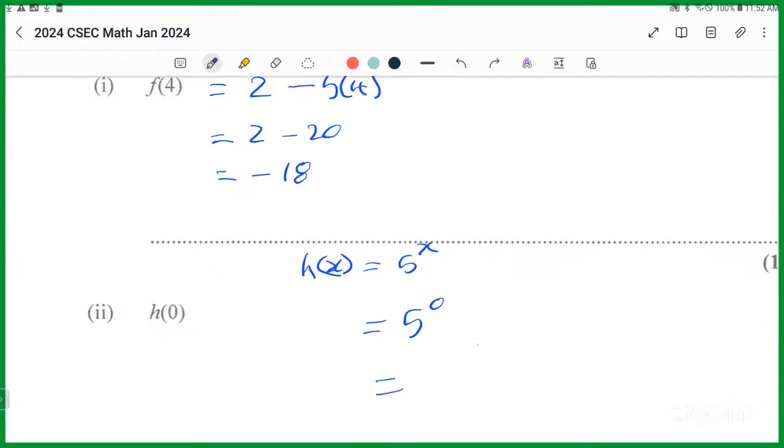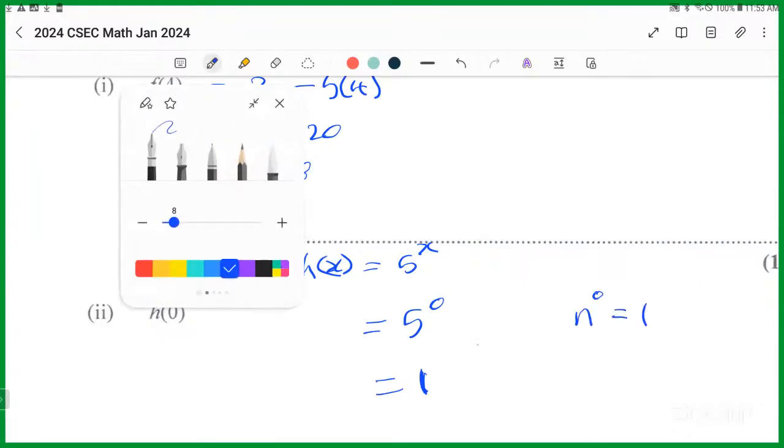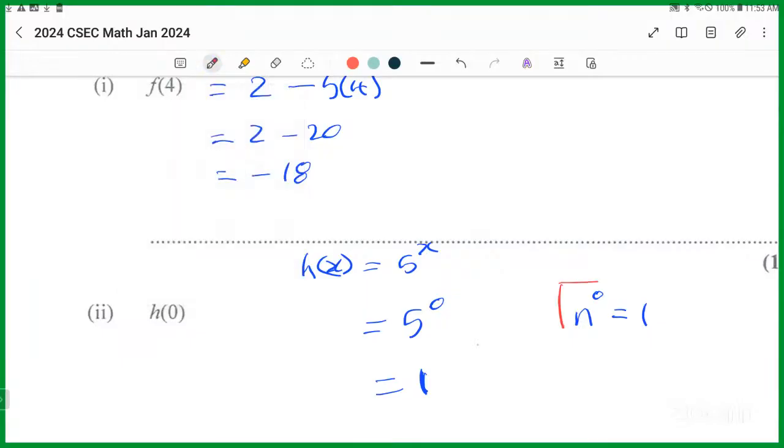If you put this in the calculator, you're actually going to get 1 for it. Because some person put 0, so you learn from mistakes. Any number at all raised to the power 0 is going to work out to be 1. That is something that is good to know.